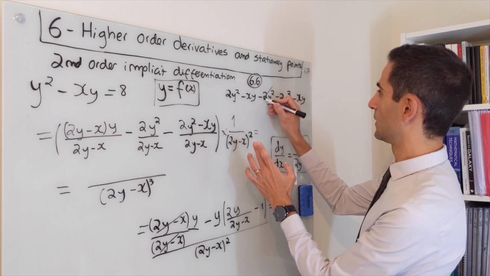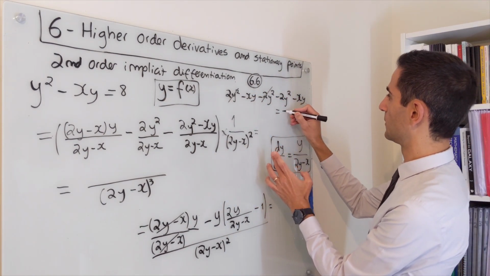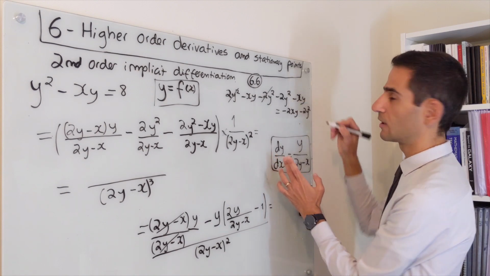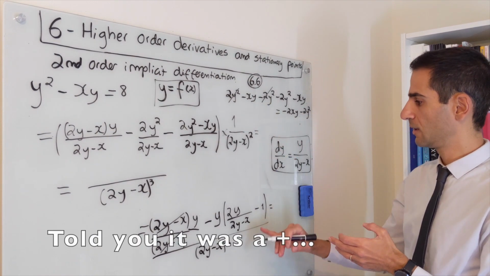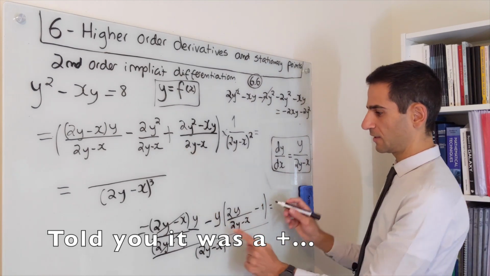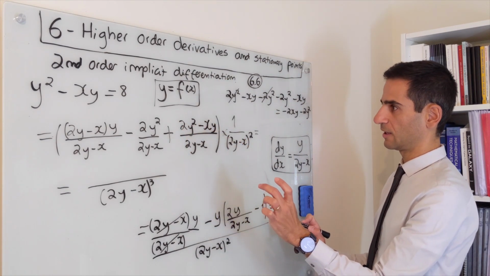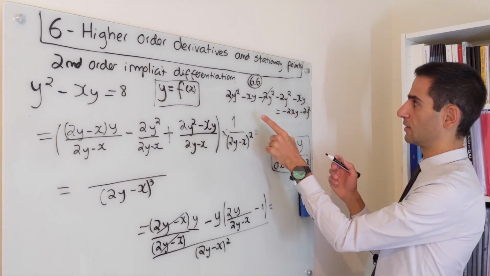This means these terms will cut, and we end up with minus 2xy minus 2y squared, which is a point that you probably realize once you go back that there is a sign that has been wrongly placed, because this is minus minus, this term has a plus, and therefore this is incorrect.